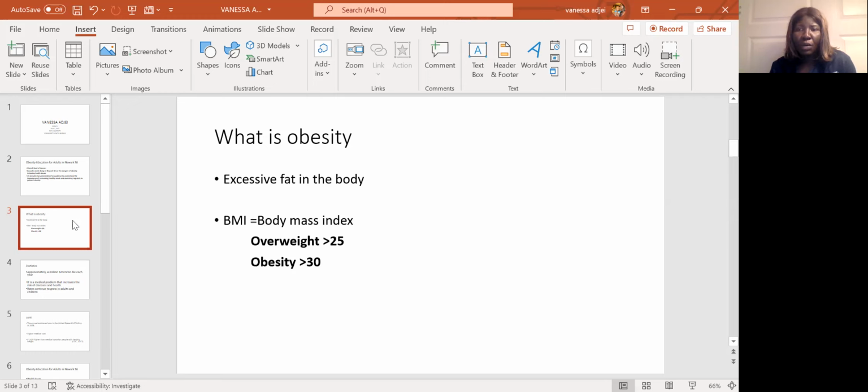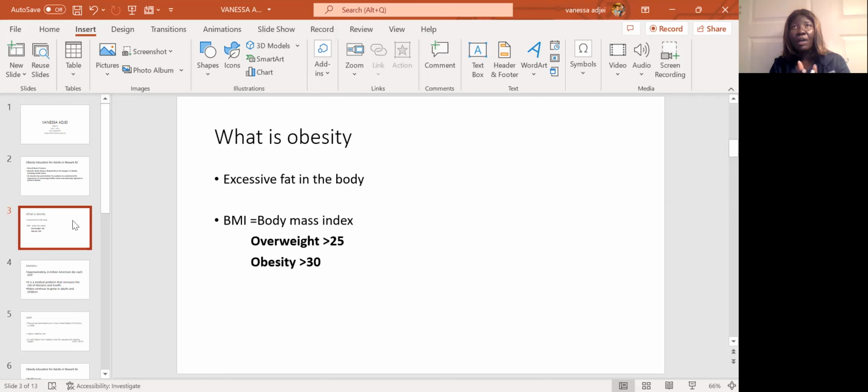Who is obese, or who can we classify as an obese person? There is a tool called the BMI, and BMI is the body mass index. We use the patient's weight in kilograms and their height, and we use these two measurements to get a number. It has to fall in a certain range.